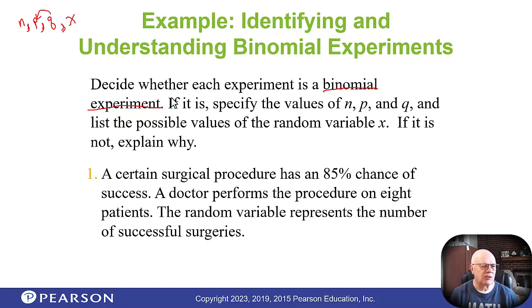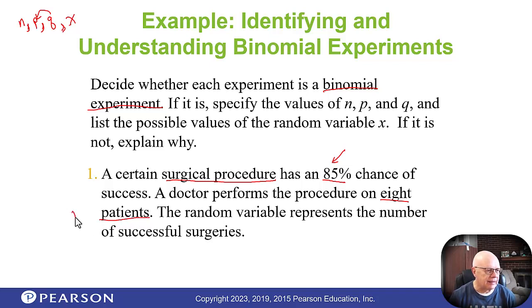So please do that. We've got a surgical procedure. We keep going back to that over and over. 85% chance of success. So you're hoping you're that 85% if you're having the procedure done. The doctor's going to perform the procedure on 8 patients.